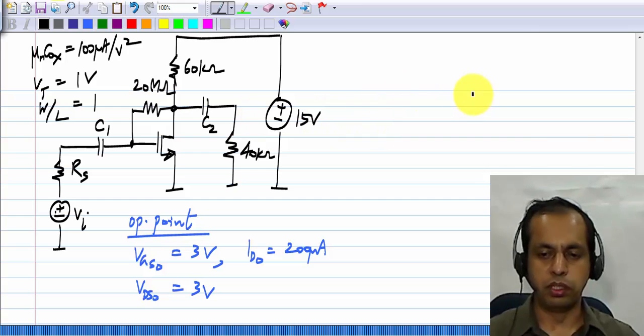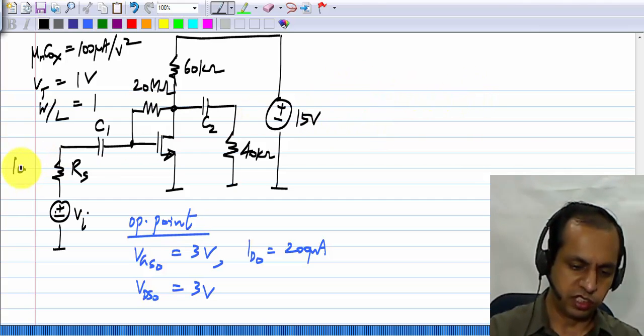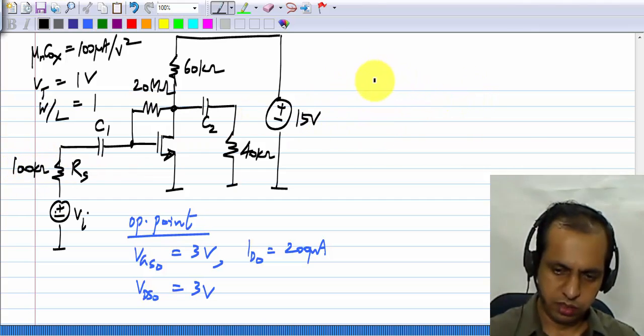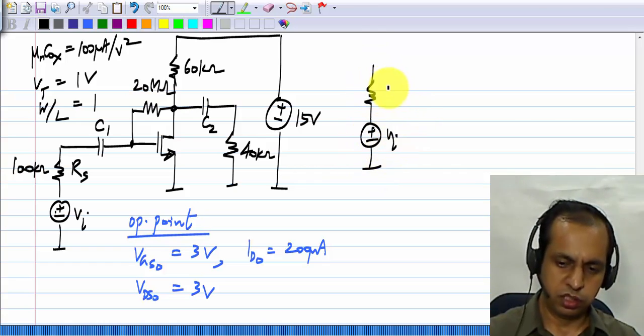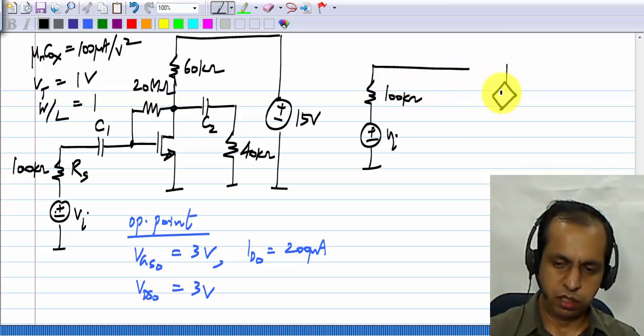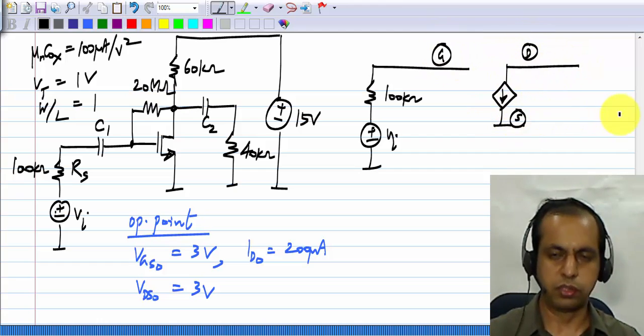Now coming to the signal picture, so let's say RS is 100 kilo ohms. Again, it doesn't matter. This is VI, 100 kilo ohms, and I have the transistor, gate, drain, and source.